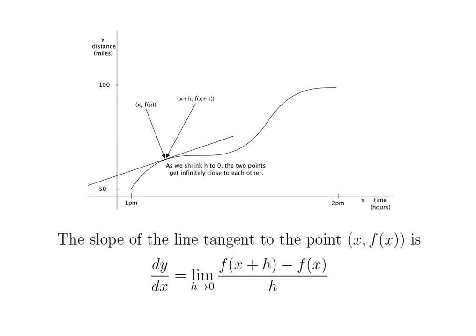And the line tangent to the point is represented by dy dx. That is, now instead of the Greek delta y, we have the Latin dy, which is dy over dx, the derivative of y with respect to x, and that is equal to the limit of f of x plus h minus f of x over h as h approaches 0.